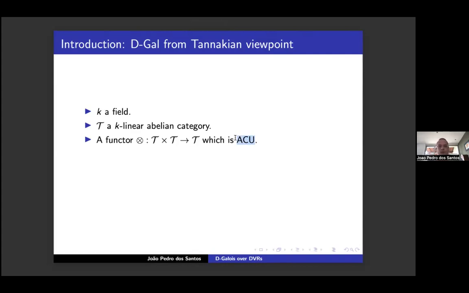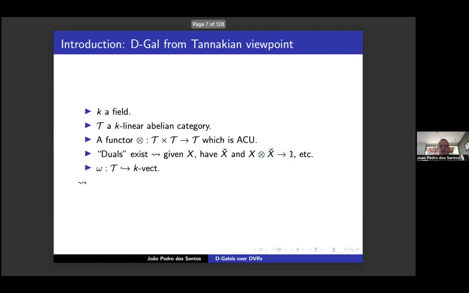I'm dealing exclusively with the commutative case, which is the one that interests me. Then I have this condition, which is the existence of duals. It means that basically there's an object which will have a trace and a co-trace, and these shall satisfy the usual properties of a dual vector space.